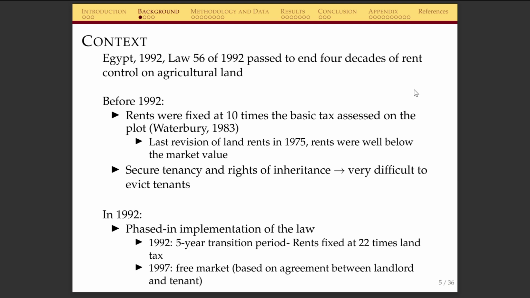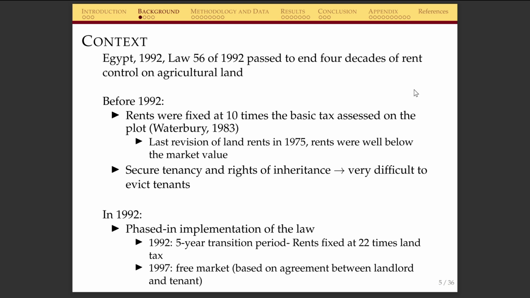In addition to the rent controls, there were very secure tenancy rights and rights of inheritance, in the sense that land tenants could bequeath the land rights to their children and the children of their children. So it was very difficult to evict tenants.